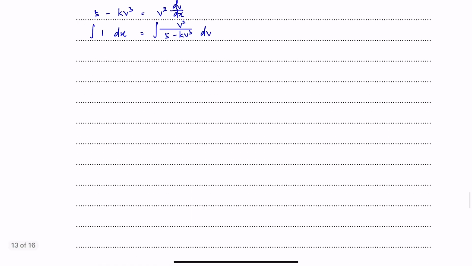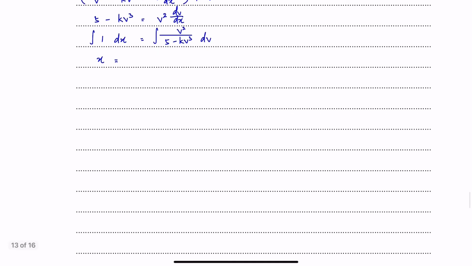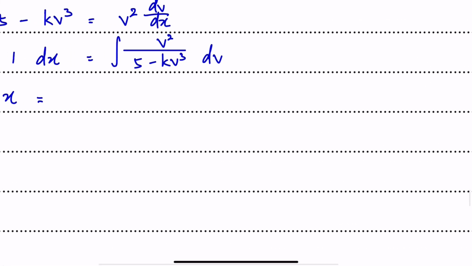So we can integrate both of them. So we get x equal to, okay, so for this, we know that the differentiation of this term is actually negative 3k v squared, right?